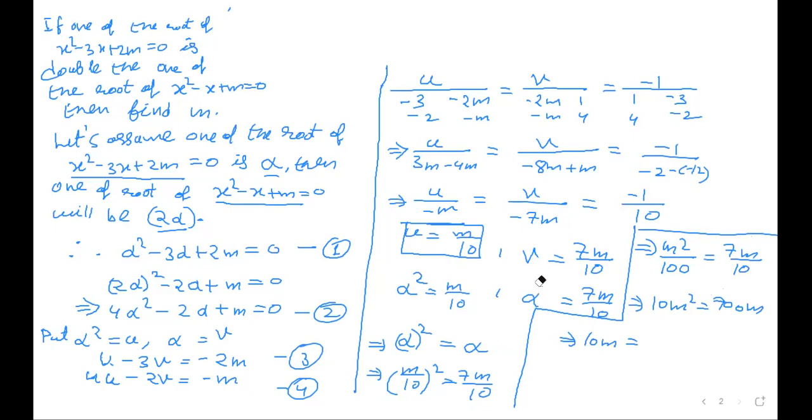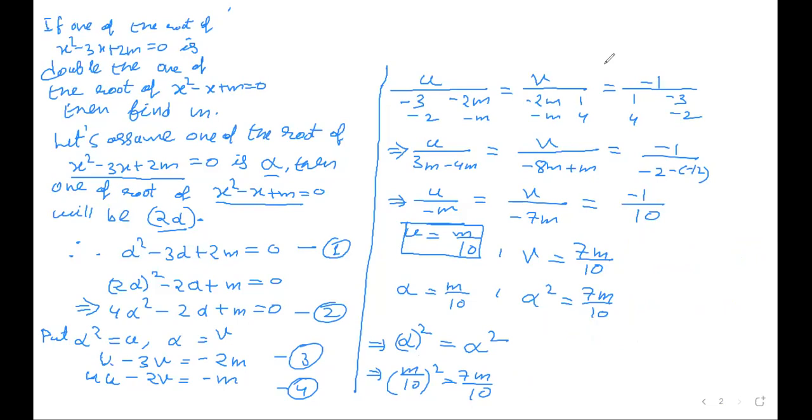Okay, yes sir. So the value of alpha square is m by 10, and the value of alpha is 7m by 10. Is it clear? Correct now?